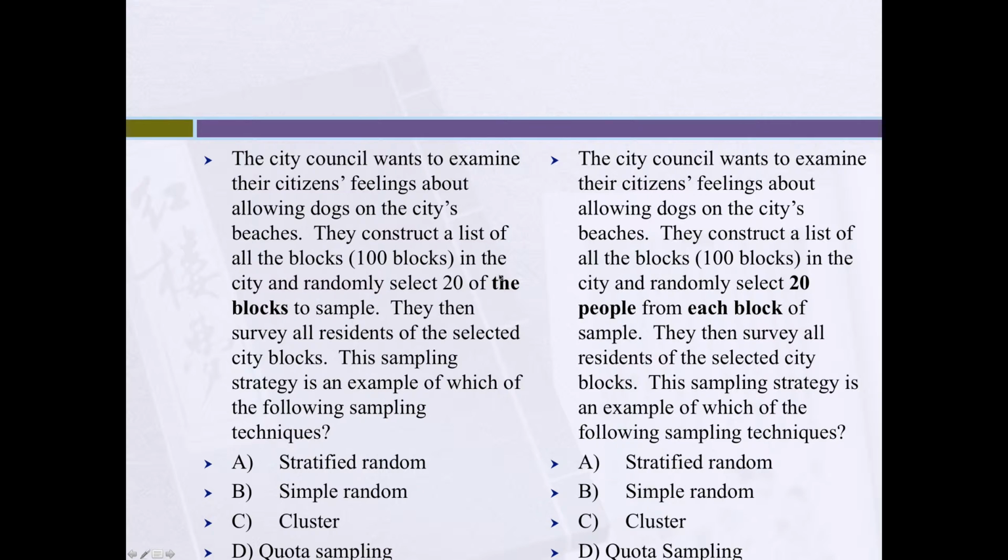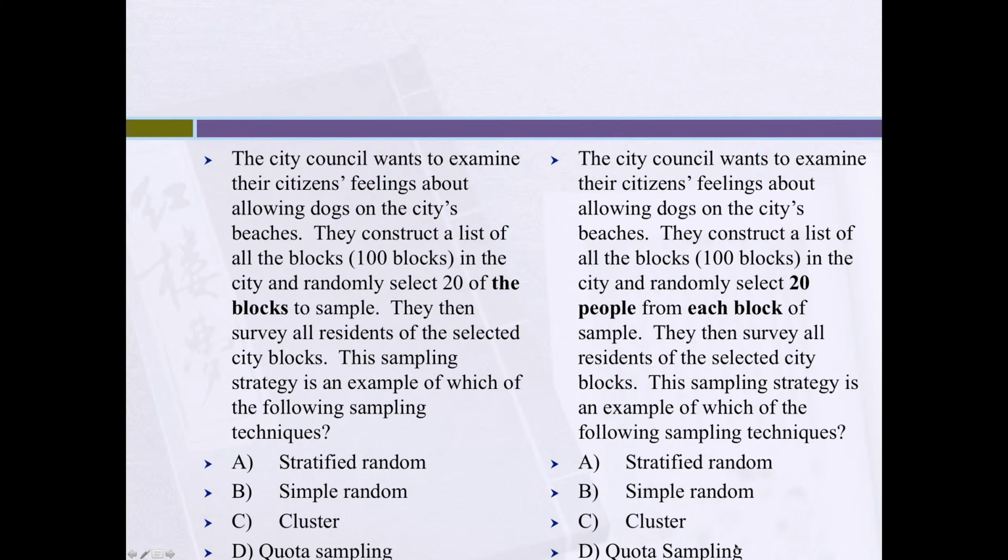For the same example, if we select 20 people from each block, in that case it will not be cluster sampling. It is stratified random sampling because we select individual citizens from each block.